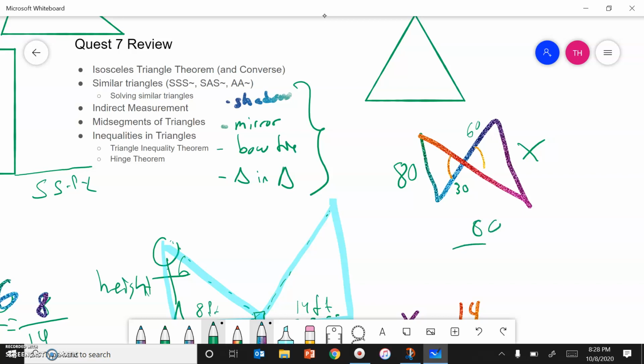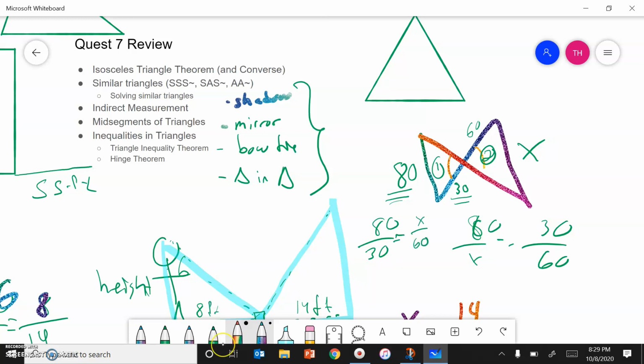So 80 over x equals 30 over 60. You're going to have a lot of proportions, guys. Just make sure that if you pick something from triangle number 1 to go on the top, then the other part of triangle number 1 also needs to go on the top. Do not, and I repeat, do not get in the habit of doing this, because more times than not, that will fail you.